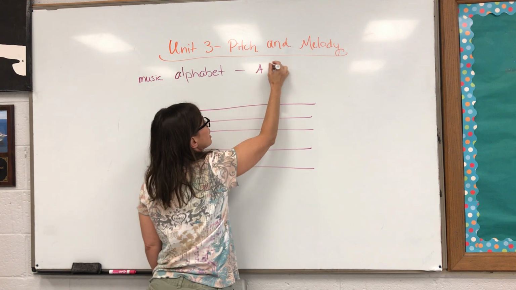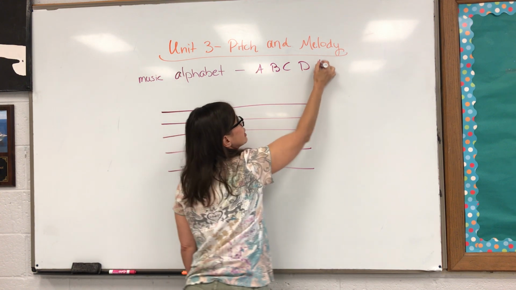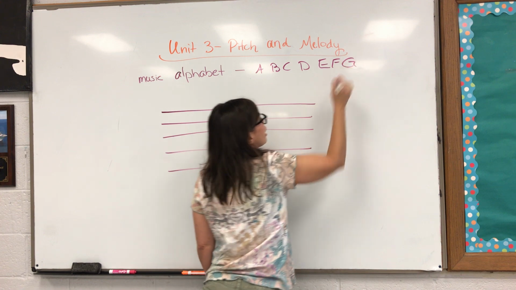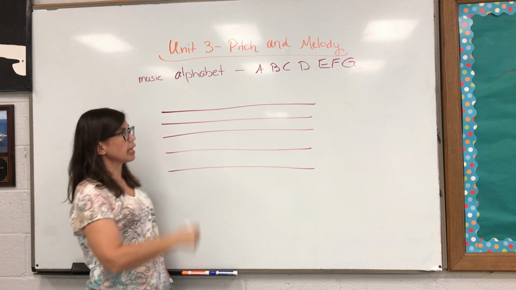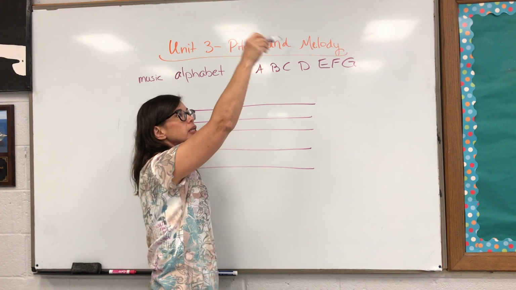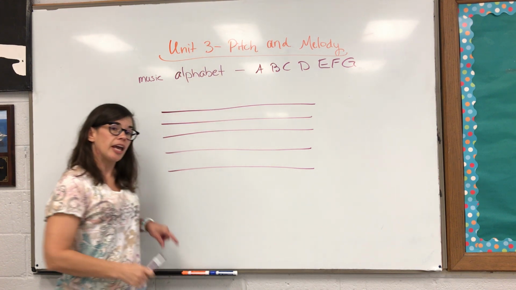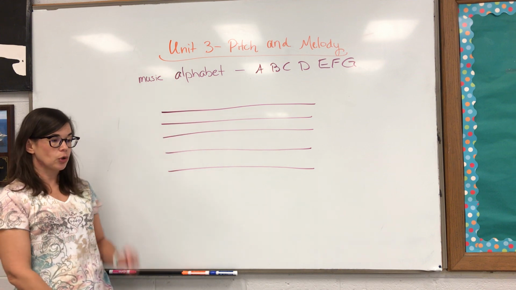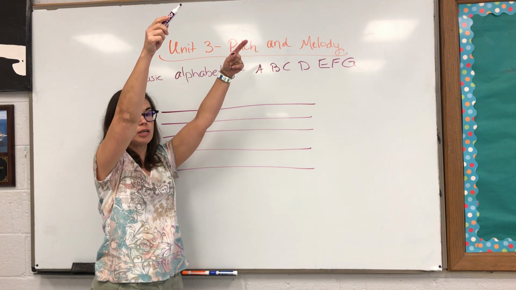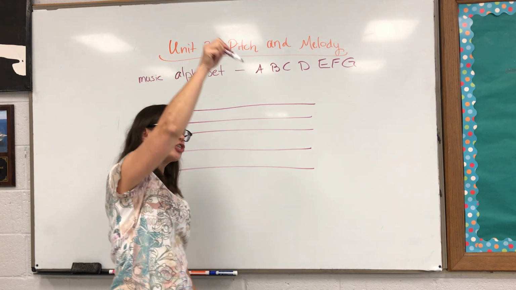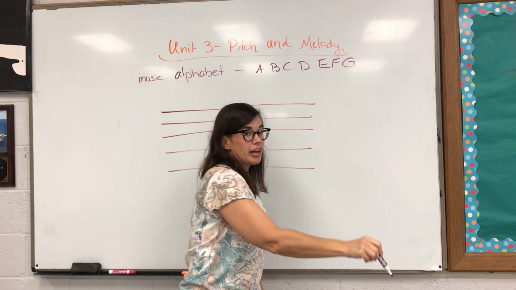We only use A, B, C, D, E, F, and G. And once we get to G, it repeats. It starts over again. A, B, C, D, E, F, G, A, B, C, D, E, F, G. If you're going up the staff, it's going to go A, B, C, D, E, F, G, A, B, C, D, E, F, G. Coming down would be G, F, E, D, C, B, A, G, F, E, D, C, B, A.